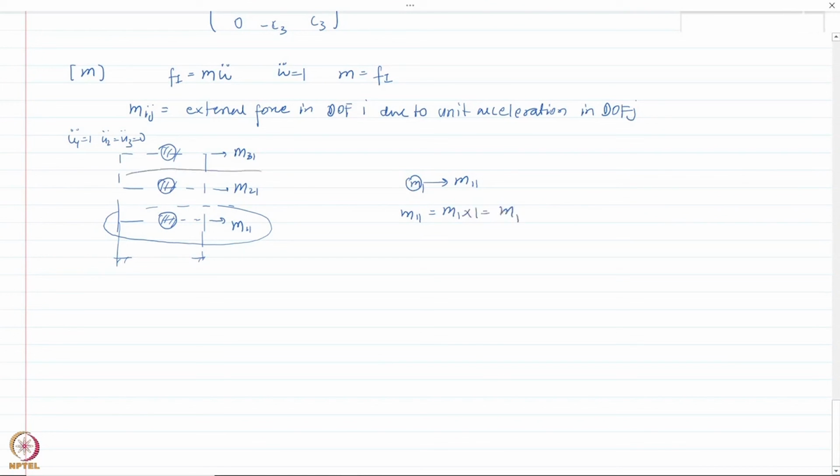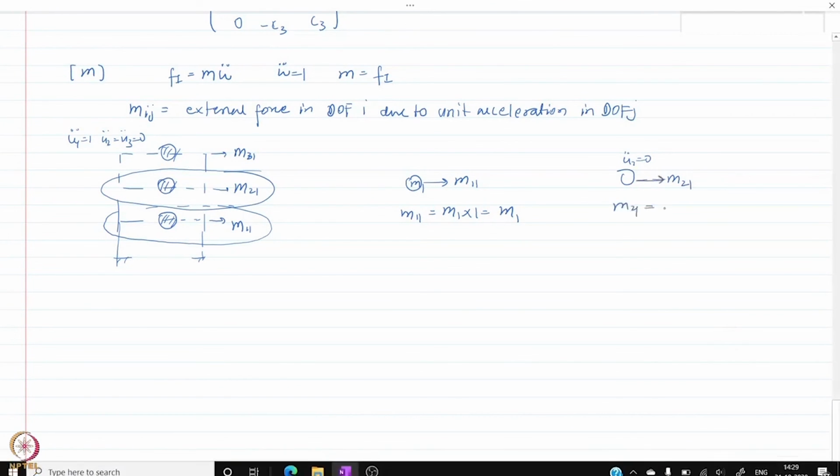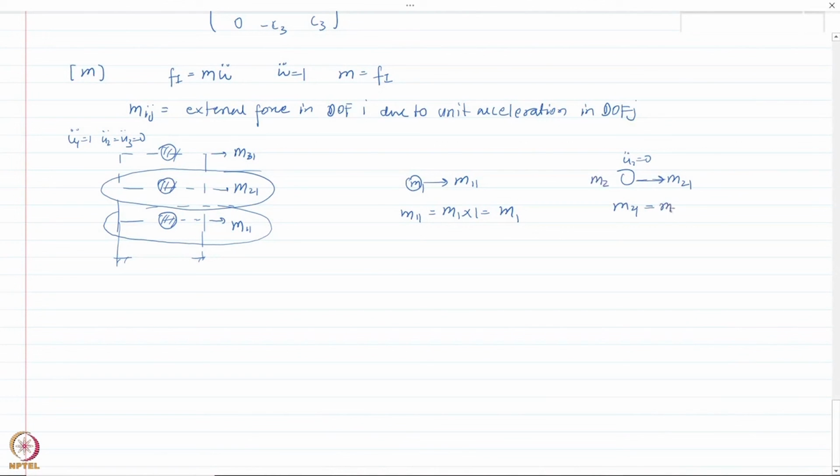Now, if we consider this one here, the free body diagram, the acceleration is equal to 0. The force that is applied is M21. So M21 is equal to whatever the mass here is, M2 times U2 double dot, which is equal to M2 times 0, so 0.